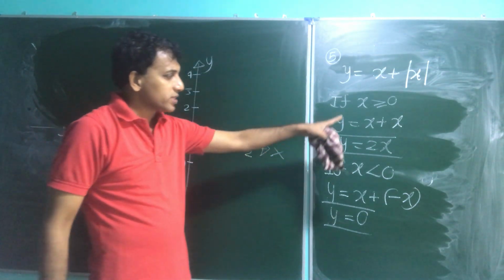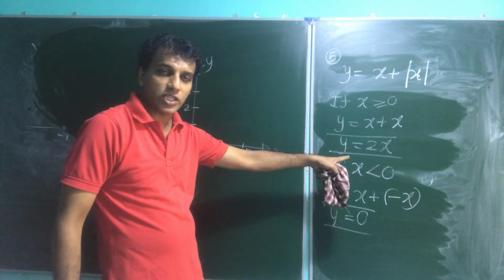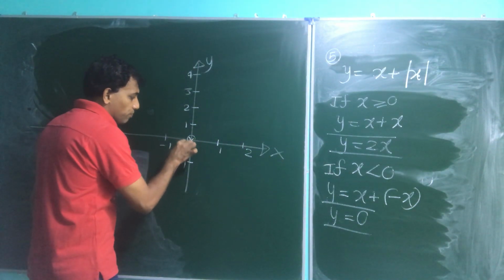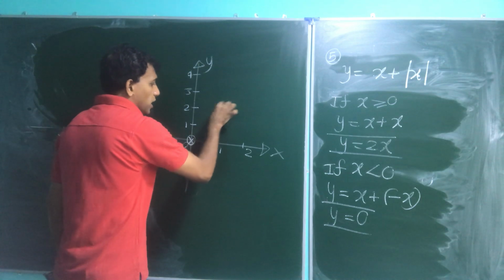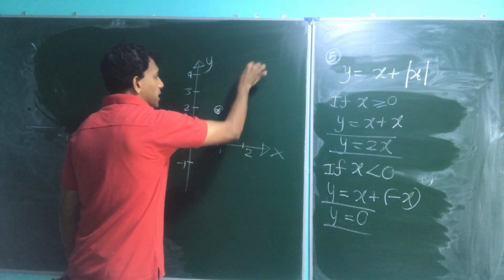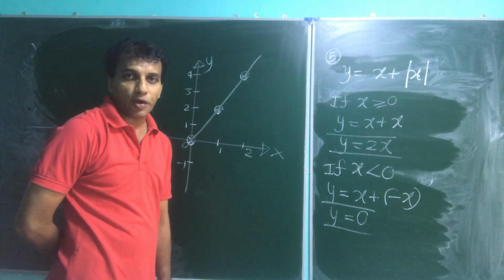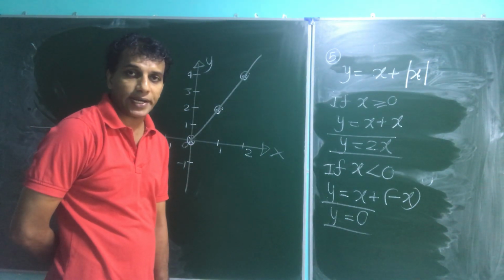So complete the first one, simple, y equals mx pattern. What does y equals 2x mean? x 0, y 0; x 1, y 2; x 2, y 4, right? That's the portion for x greater than 0.